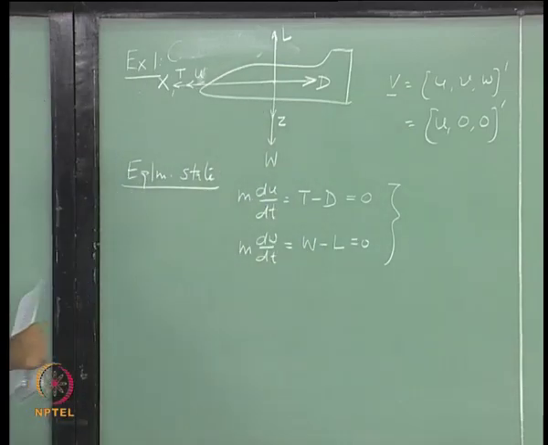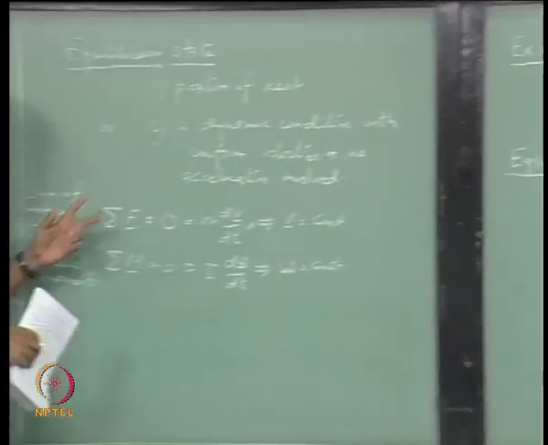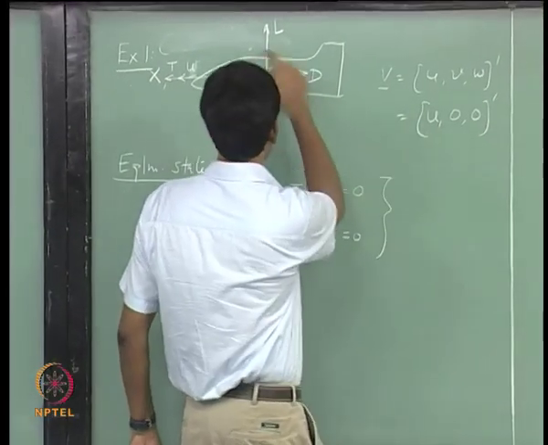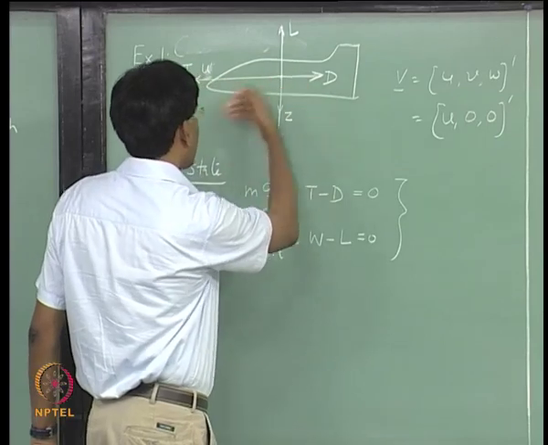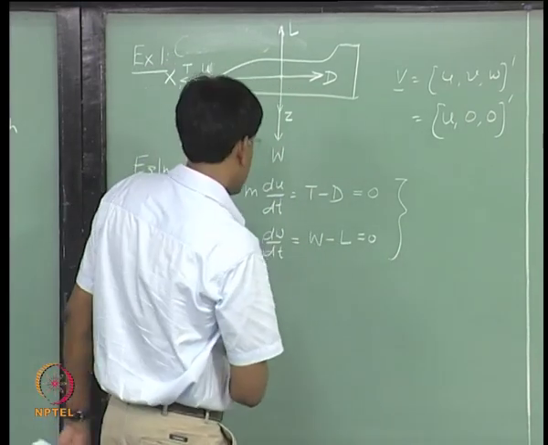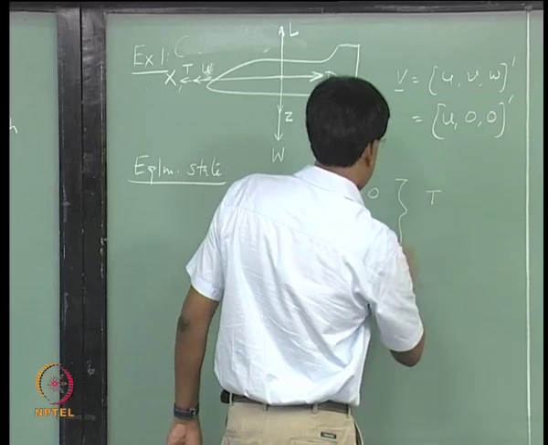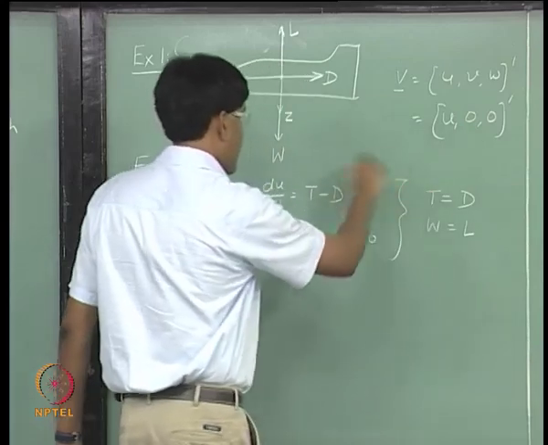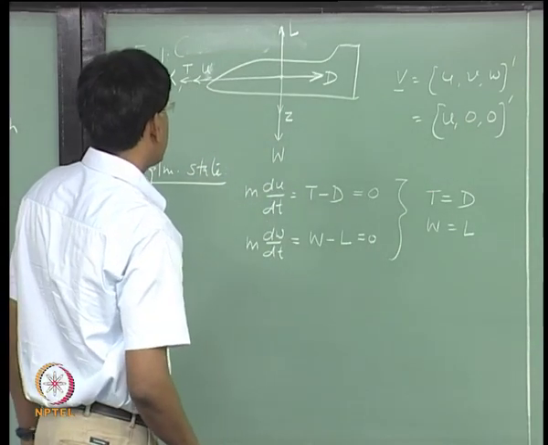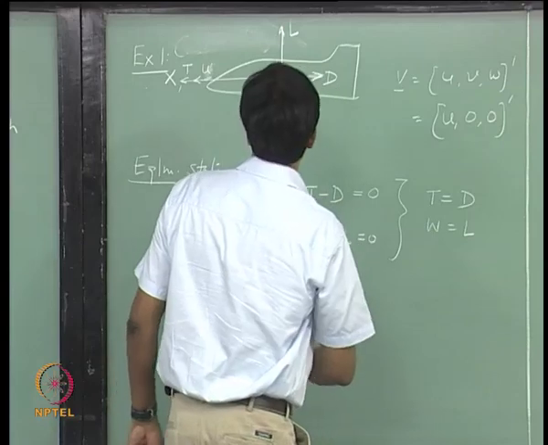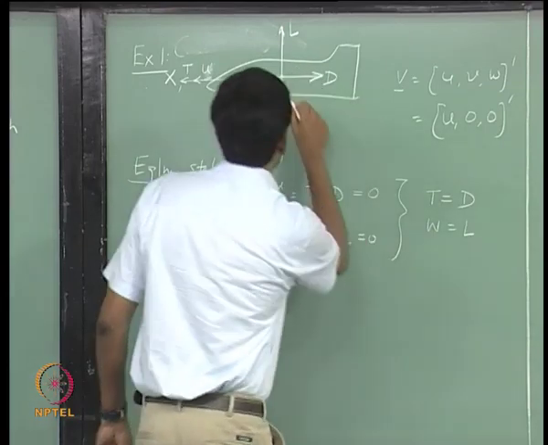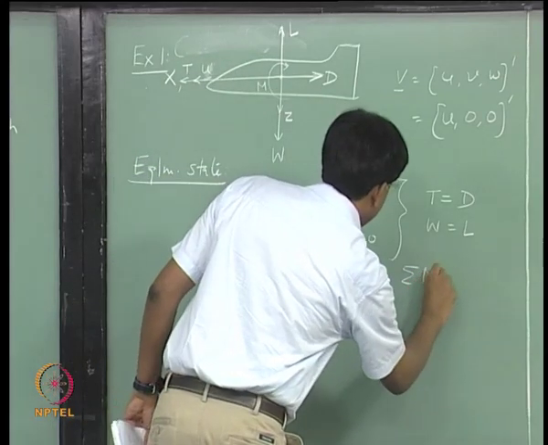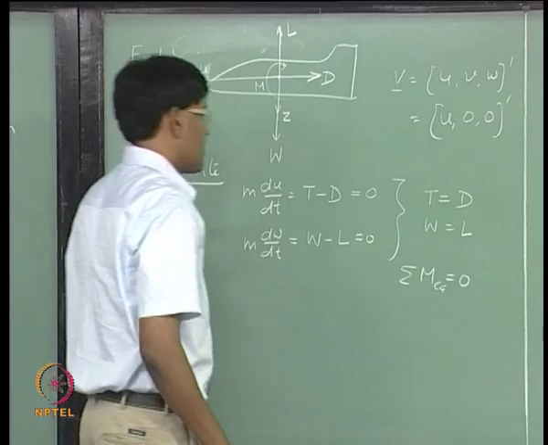So, in equilibrium conditions with degrees of freedom both in translation and rotation, for this case, we are talking about a longitudinal flying condition, which is the cruise level flying condition. The equilibrium state can be defined by these two balance of forces, and the moment about the CG also should be 0.